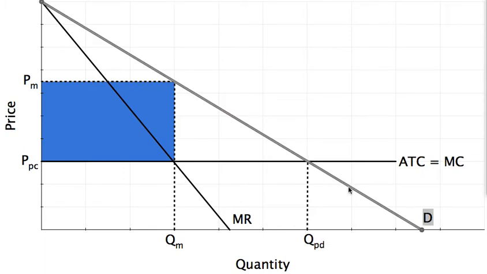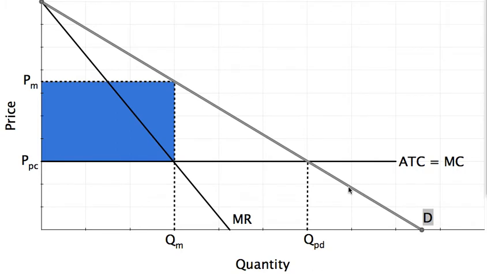The reason being is, why would you sell something for less than it costs you to produce? For example, if marginal cost is equal to $10 and the price past this QPD is equal to $5, why would you produce something at a cost of $10 and then sell it for a price of $5?